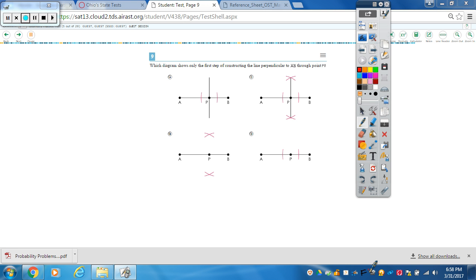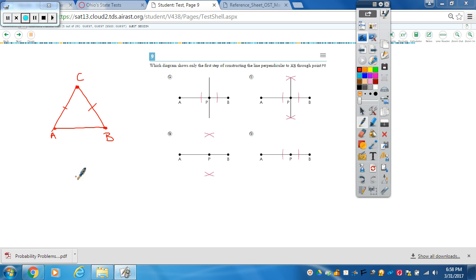We talked earlier on this year that when you have a segment, let's say points A and B, and I find 2 points that are the same distance from that point. Okay, so this point here is the same distance from A as it is from B. So C is the same distance here and here.